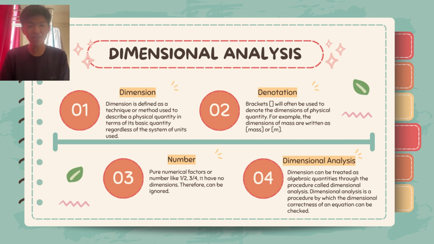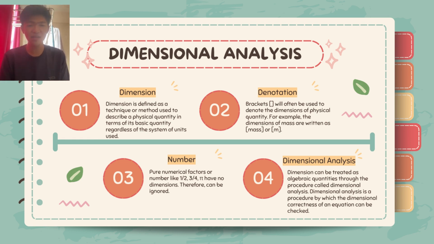A dimension is defined as a technique used to describe a physical quantity in terms of its basic quantity, regardless of the system of unit used. Usually square brackets will be used to denote the dimensions of a physical quantity.